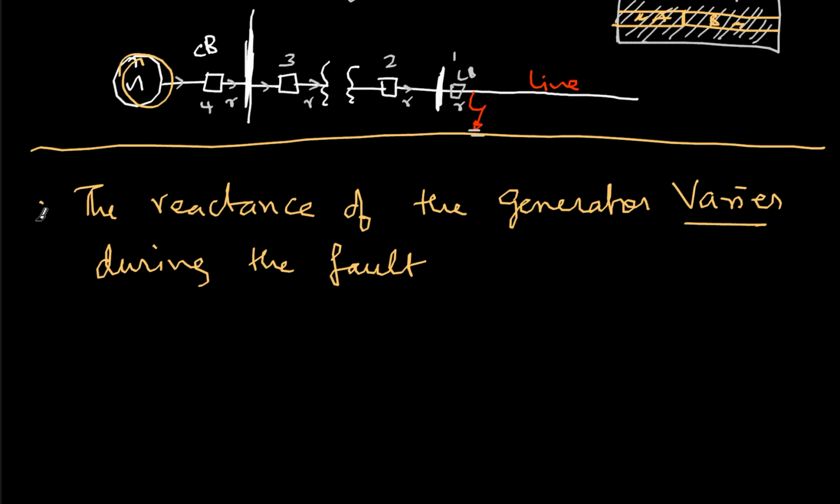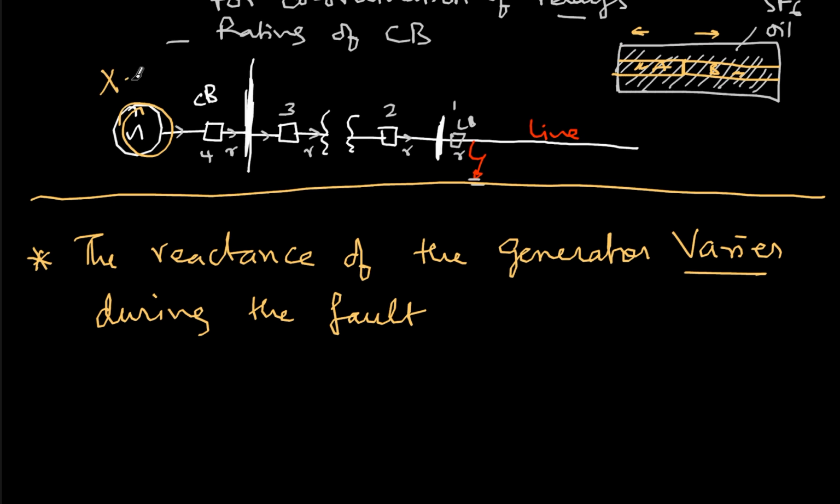What we have learned when we are studying the generator is it will have some reactance x equal to, let's say, j 0.1 per unit, or 10%. So like this we used to mention the reactance for the generator. But this reactance 10% is the reactance under steady state.